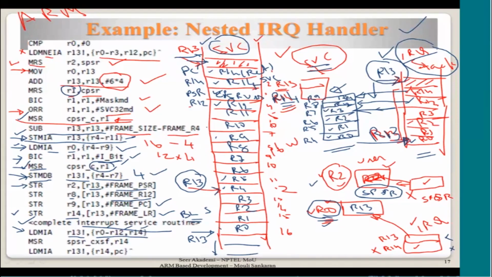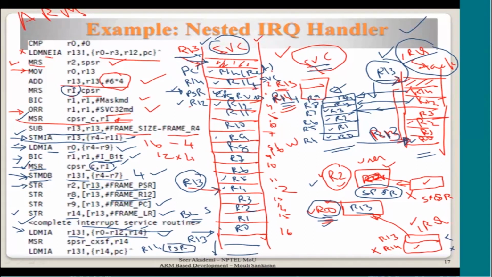So effectively, after this execution R14 will have the value which is here. Why? After R12, R14 is here in the memory, so this PSR value will come to R14 of SVC. This is the original CPSR value of user mode.